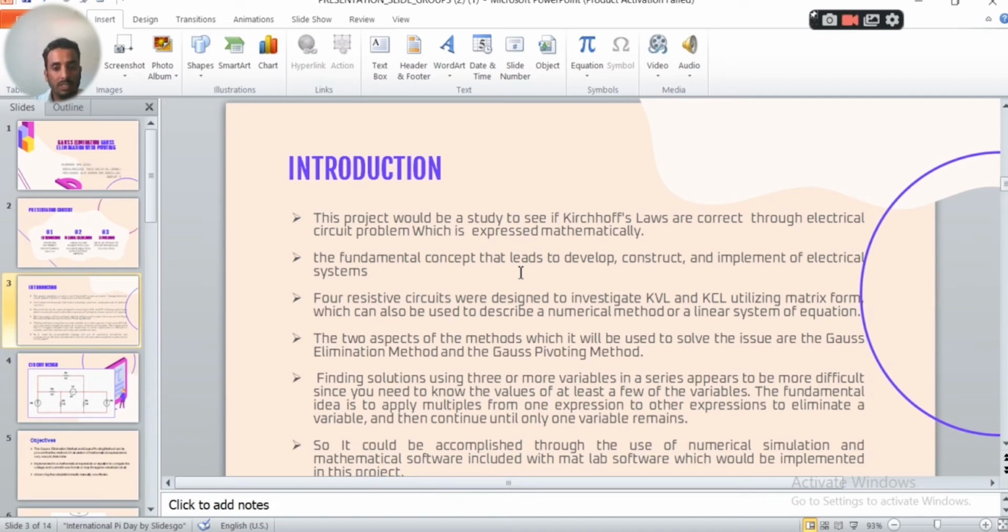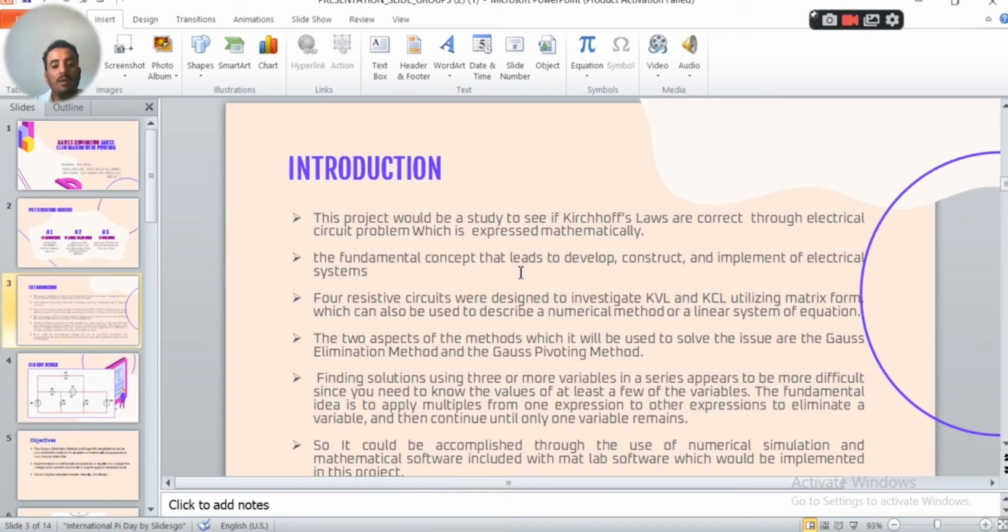The fundamental concept that leads to the development and implementation of the electrical circuit for resistive circuits was designed to investigate KVL and KCL utilization, where matrices can be used to describe a numerical method for a linear system of equations.